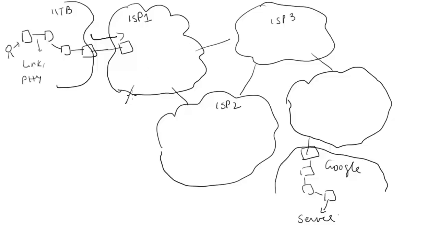This ISP now also has an interior gateway protocol like RIP or OSPF. Not only that, it also implements a border gateway protocol, the BGP protocol, and interacts with the other ISPs. As part of this process, it figures out that the path to reach Google server is, let's say, via this autonomous system 1, via autonomous system 3, via autonomous system 4 to the Google organization.